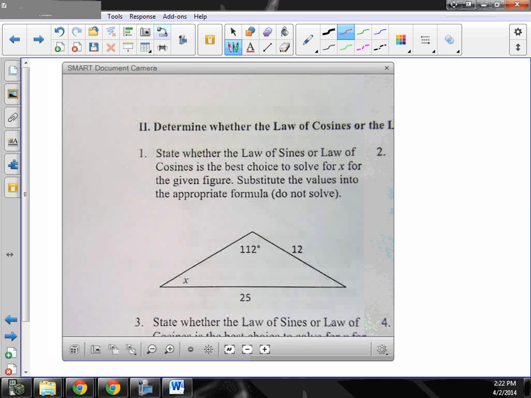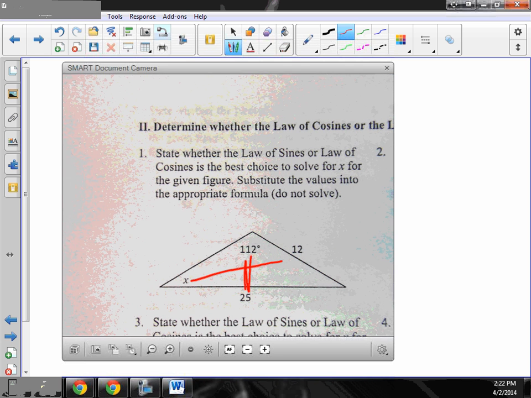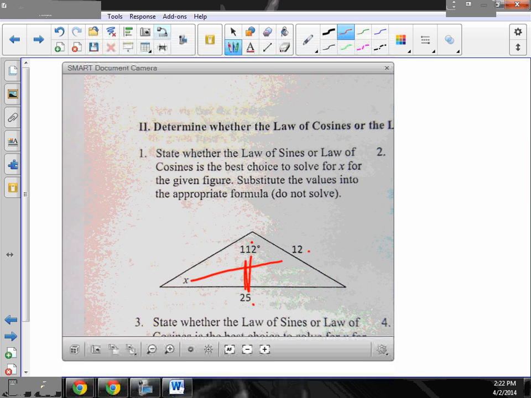Well, I have an angle that matches a side and an unknown angle that matches a side, so the easiest way would be law of sines. Now, if you'll notice, it's angle, side, side. So I could use the law of cosines, but the law of cosines would not give me angle x. What would the law of cosines tell me?